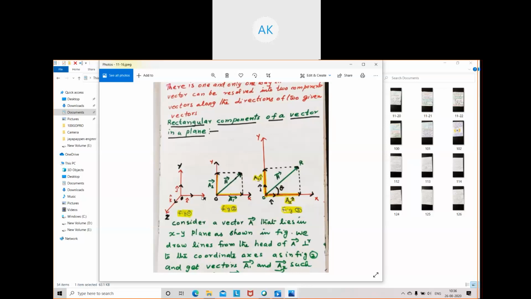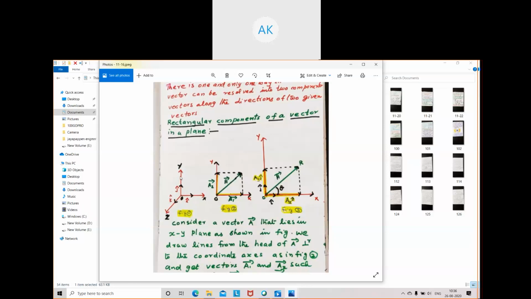It is along the x-axis. i cap is the unit vector along the x-axis. What's the magnitude? 1 centimeter. What's the direction? X-axis from the origin. And I am telling 5j cap. What do you mean by that? 5j cap. So from the origin, 5 centimeter along the y-axis, the vector is acting.